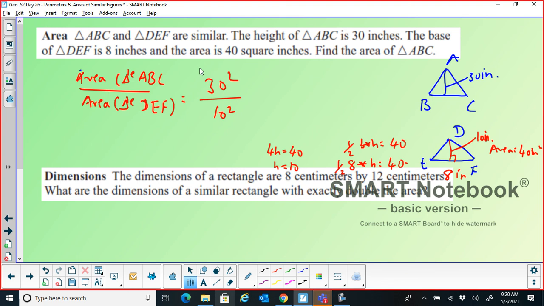I have not been given the area of triangle ABC, but I have been given the area of triangle DEF. So I can write this as 40 square inches. So area of triangle ABC divided by 40 will be equal to 30 squared over 10 squared, and I can cross multiply.